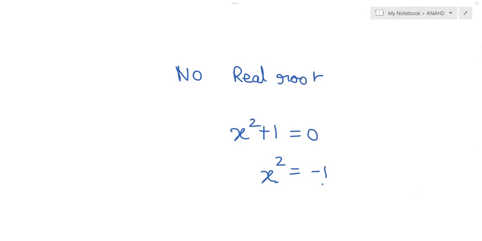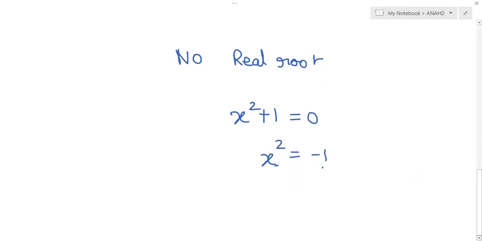Now, talking about how to solve these equations, we have three different ways of solving a quadratic equation. First of all, let's write the standard form of the quadratic equation again.